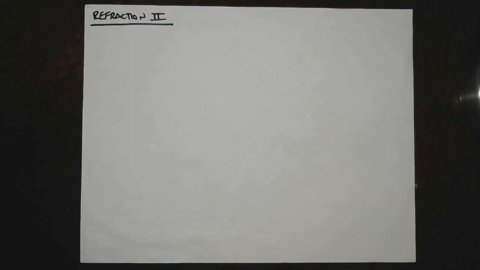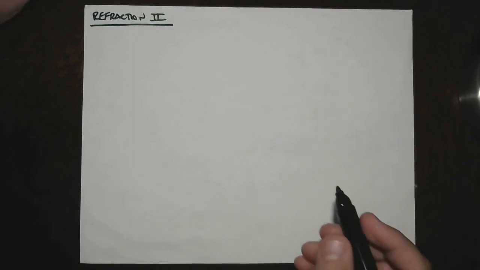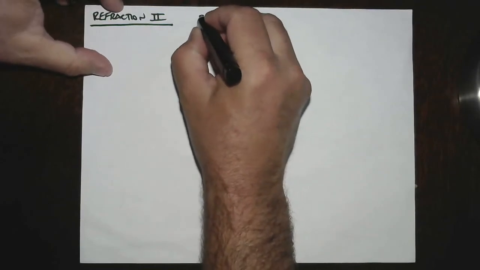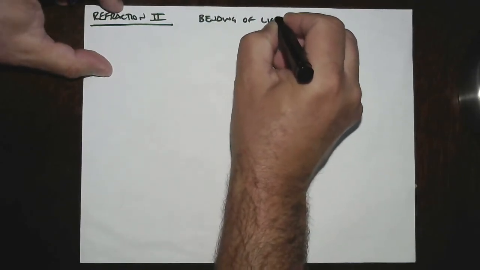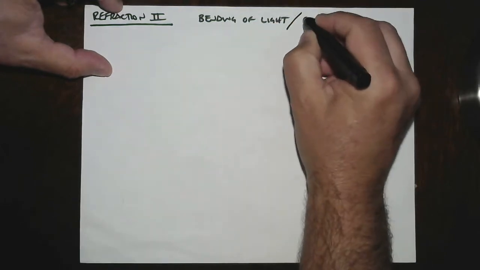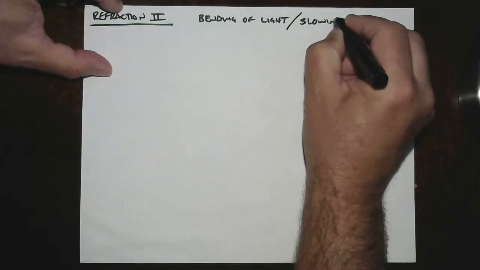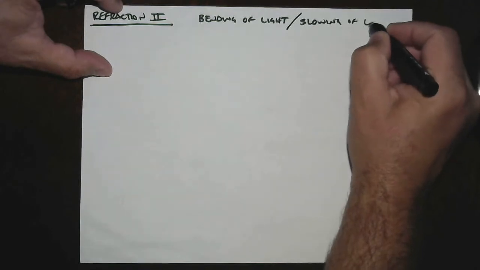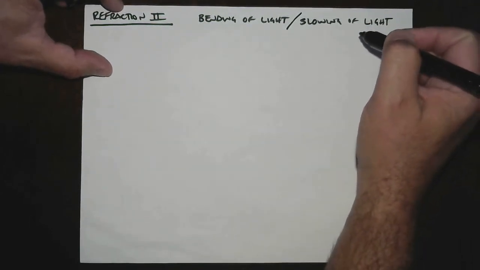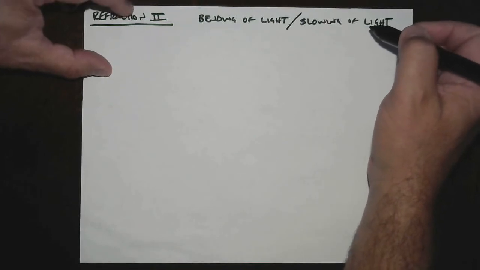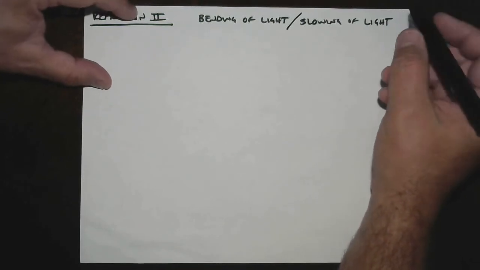This is a second look into refraction, and let's just remind you where we were. Refraction is the bending of light, or the slowing of light, as it enters a new transparent material. Now, when it leaves the transparent material and goes into another material, it's going to bend or speed up.